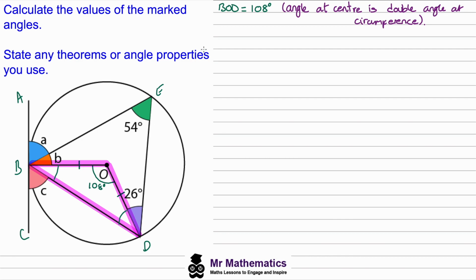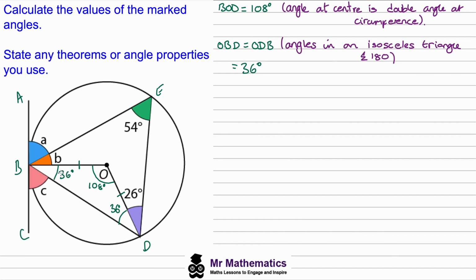What we'll say is OBD must be equal to ODB. The reason being is that the angles in an isosceles triangle have a sum of 180 degrees. So together, the two angles would add up to 72. So each of them will be 36 degrees, which I'll mark on the diagram here and here.